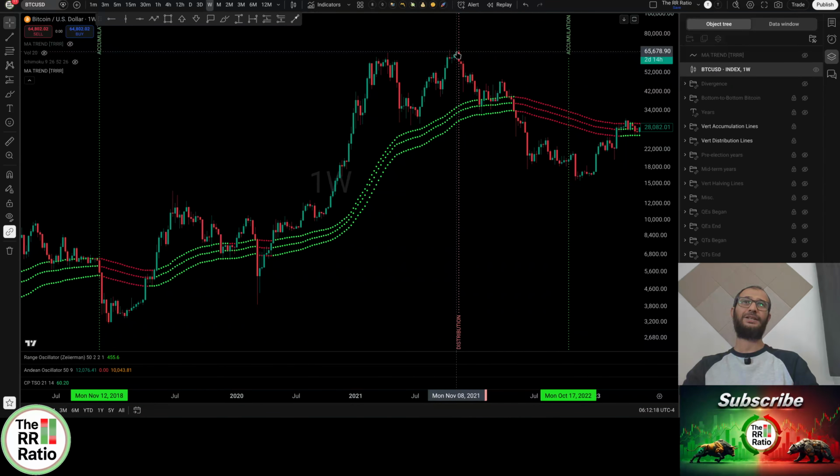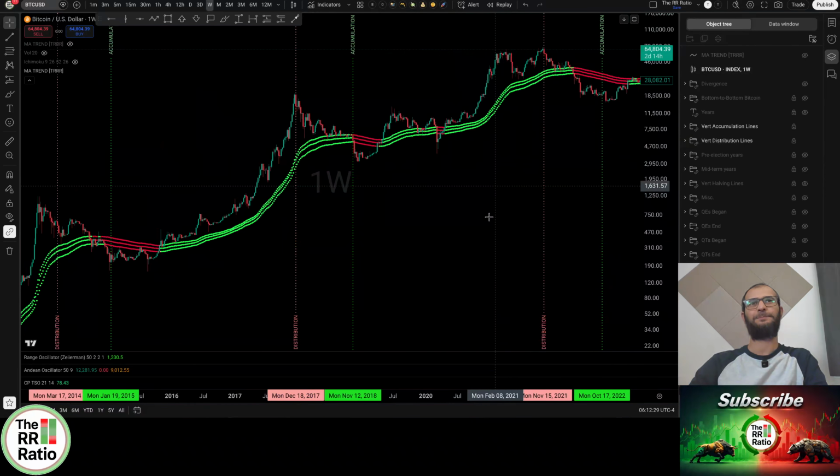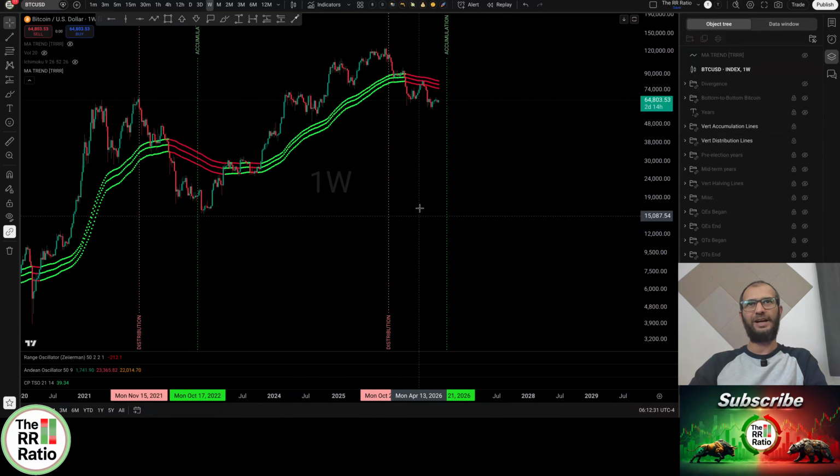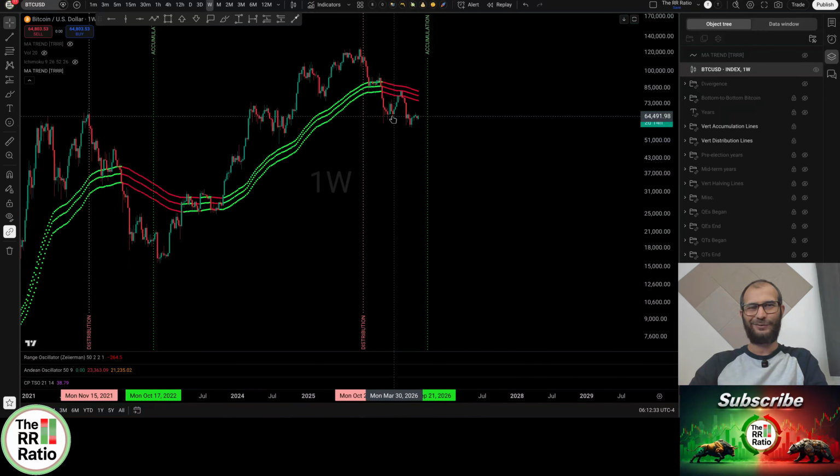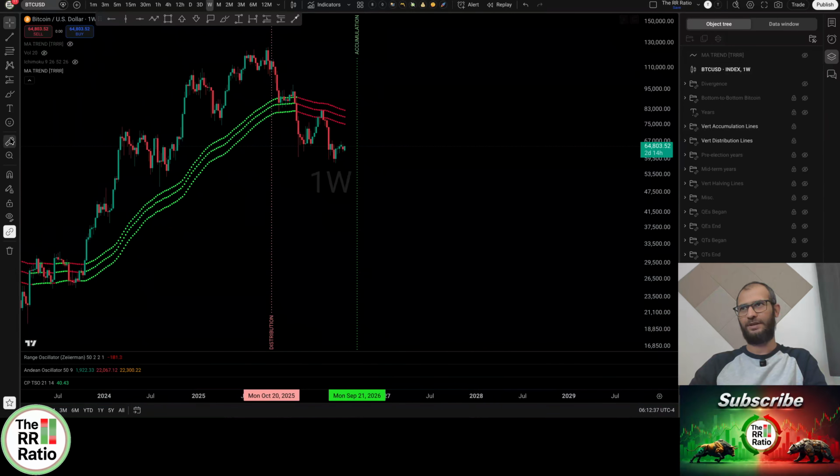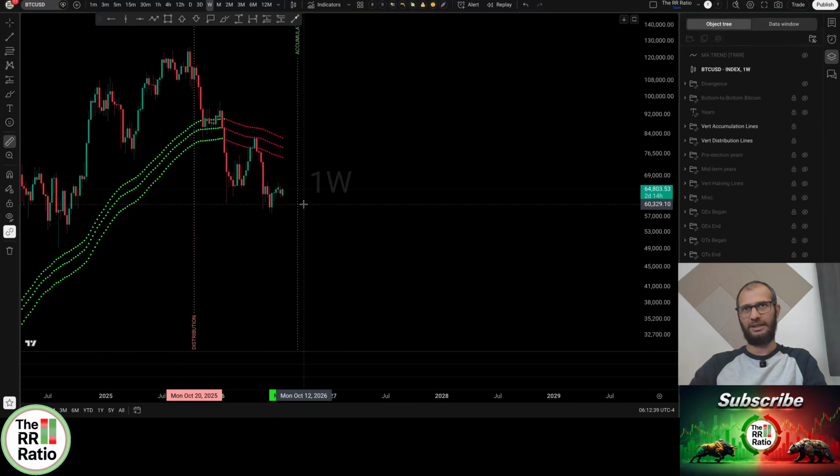Of course, you have to be careful that once price has crossed its distribution line, forget EMAs for taking long entries, because then we are in the bear market. So right now we are in the bear market for the year 2026, and we are not that far away from the accumulation line.